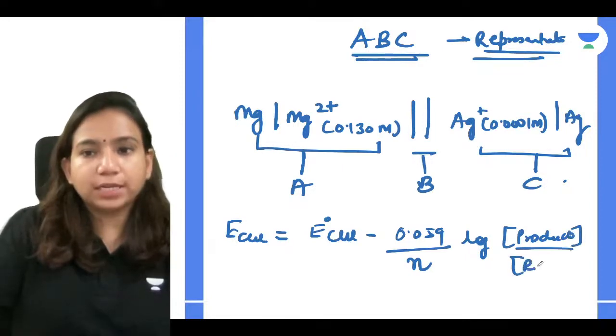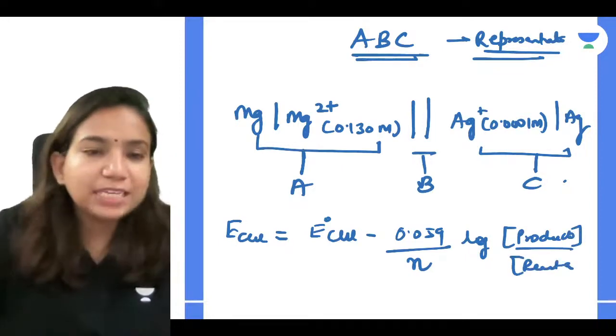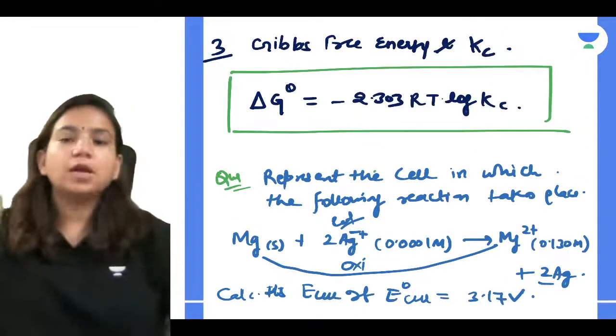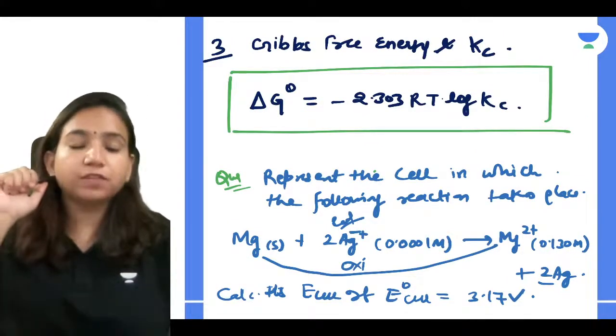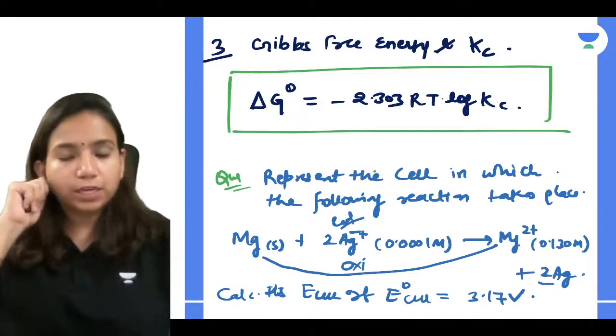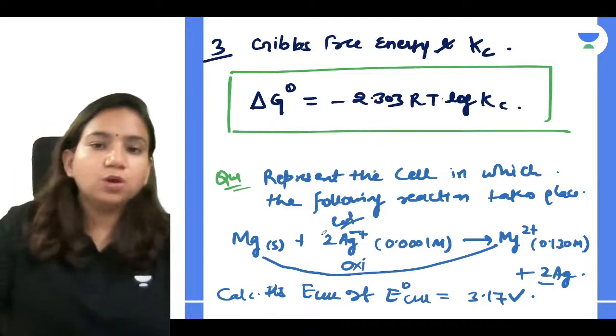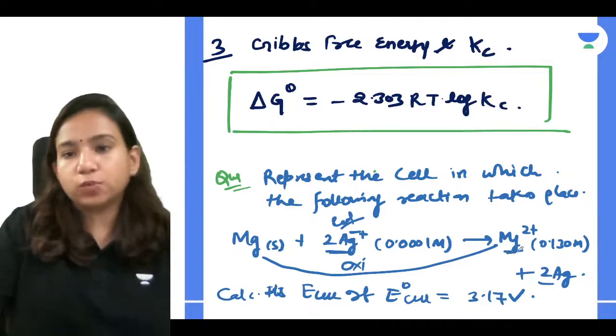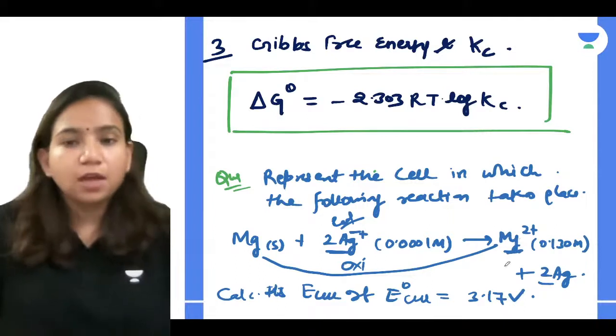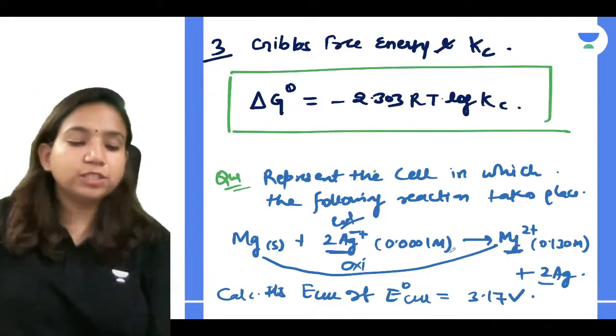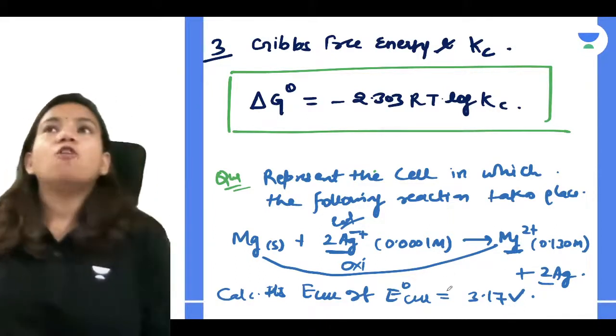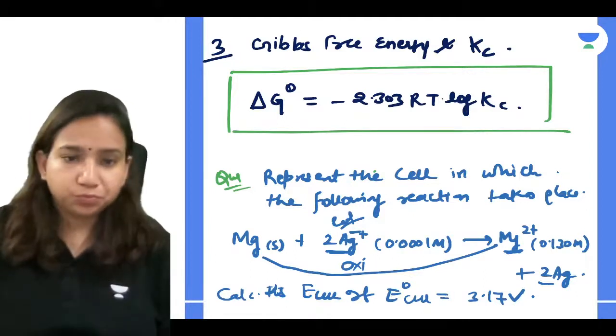Why I have mentioned that, guys? Because this is a very important thing to know over here: if in any reaction they have given you a stoichiometric coefficient, then whenever you mention that ion, you have to take that stoichiometric coefficient in the power, the same way we do for the equilibrium constant.